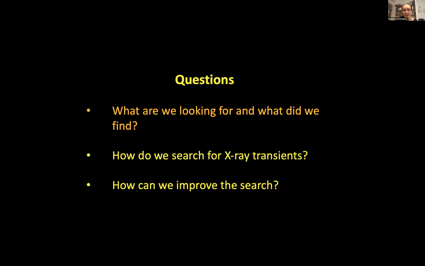What were people looking for and what did they actually find? How are these searches performed? How do we find X-ray transients and what are the challenges in searching for them? And how can we improve the blind searching algorithms? And I will share preliminary results from a search that we're currently performing using 20 years of Chandra archival data.